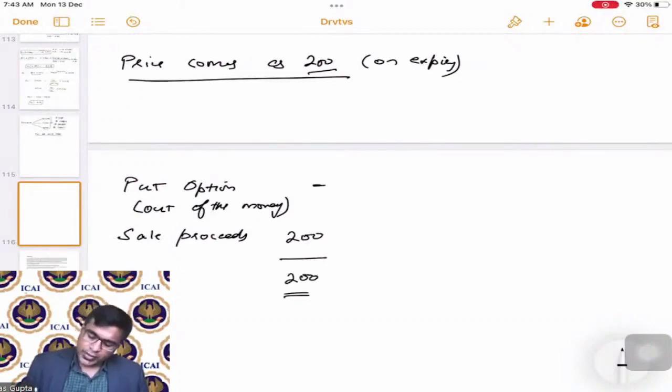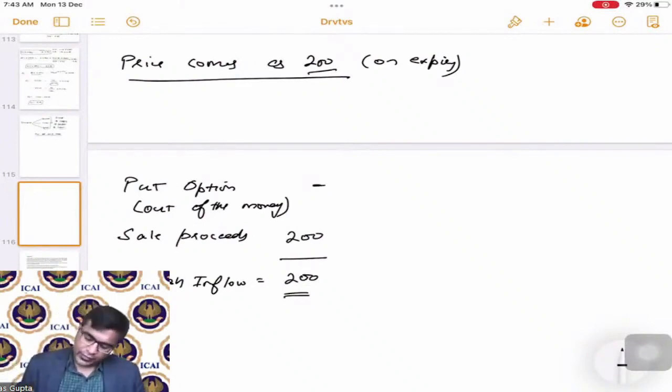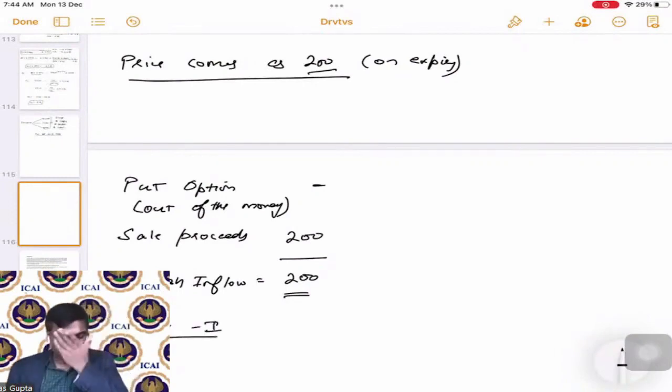This is the total cash inflow, which is 200 rupees, again for investor number 1. So investor number 1 will again expect a cash inflow of 200 rupees if the price comes as 200 rupees on expiry.